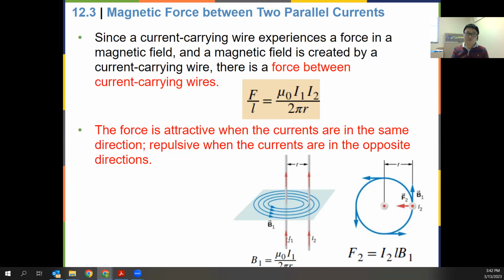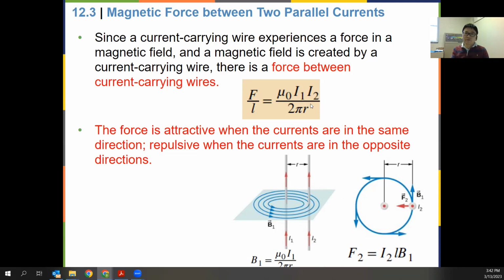Now B1 is equal to mu naught I1 over 2 pi r, where the separation is r, small r instead of capital R. Combining these two, with mu naught I1 over 2 pi r in place of B1, you get mu naught I1 I2 divided by 2 pi r, times L. You can move L to the other side, so F divided by L is the force per unit length.